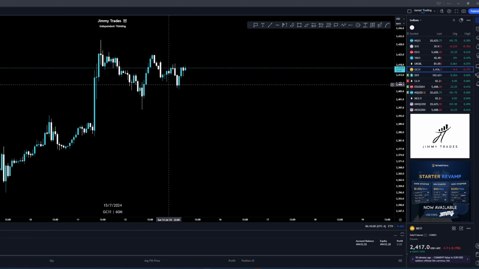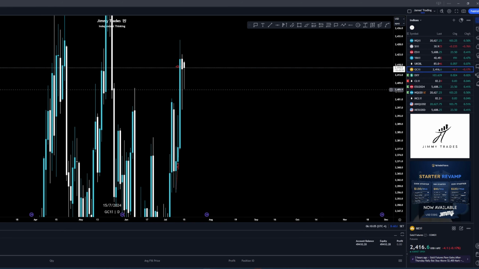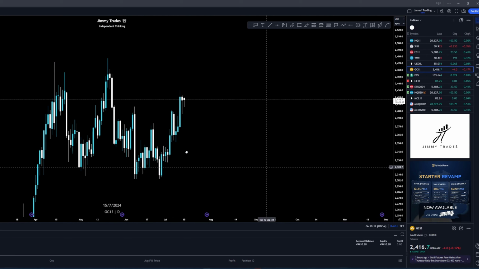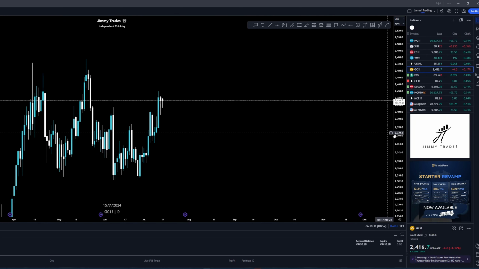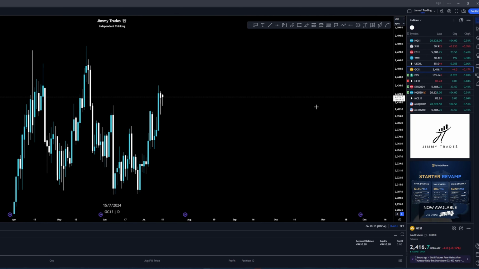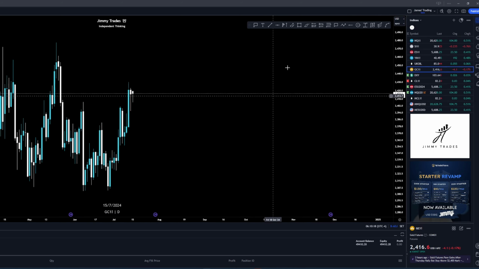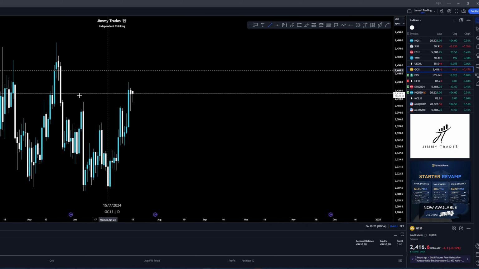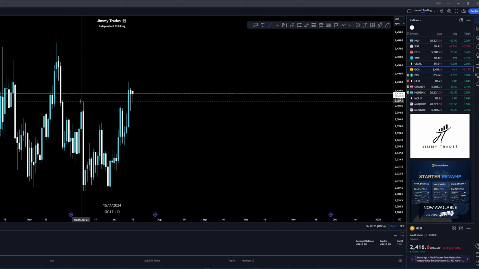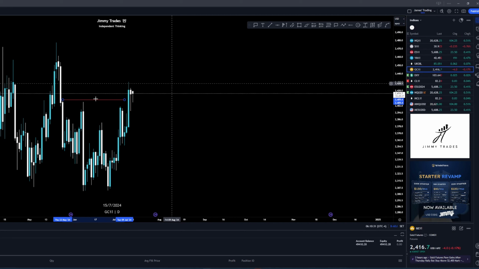Okay, gold. So gold, it cleaned out, and if you drop to a lower time frame, that's got relative equal highs through here, so that's why I'm marking this level.